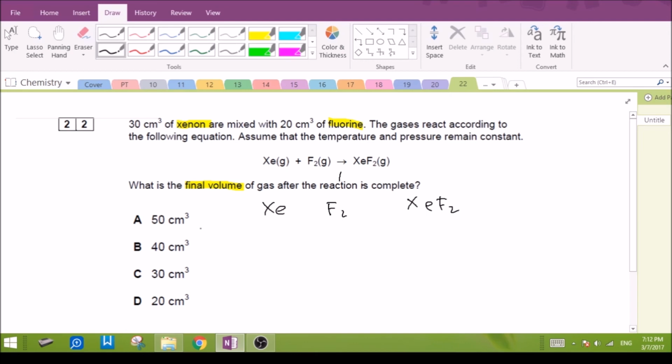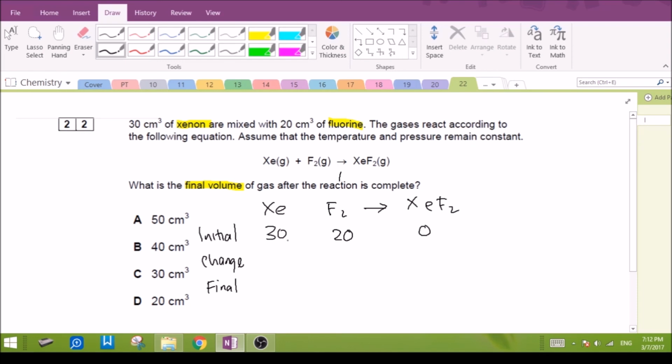So initial volume, the change in volume, and then the final volume. Let's find out the respective numbers. Initially we have 30 with 20, and then none of the xenon fluoride is formed yet, so 0 for xenon fluoride.